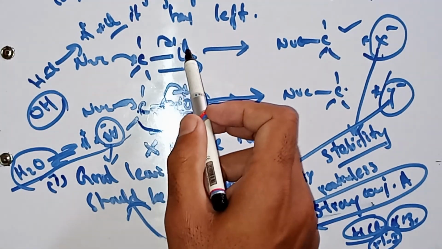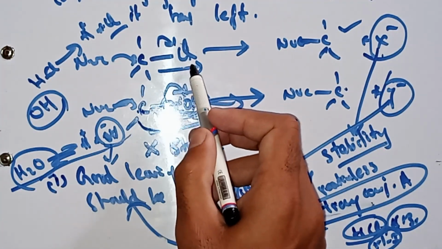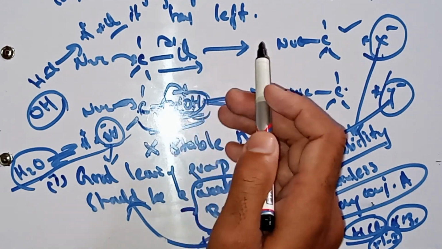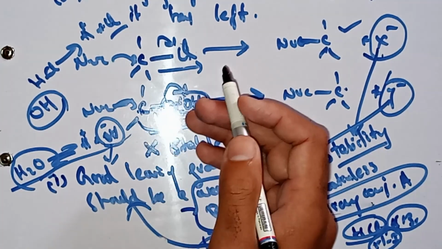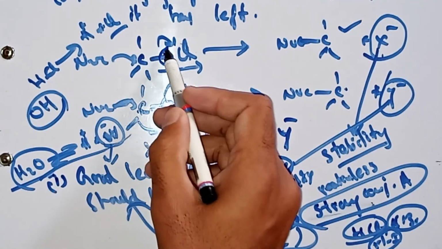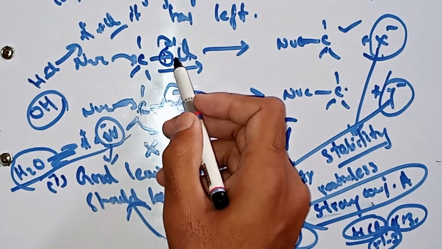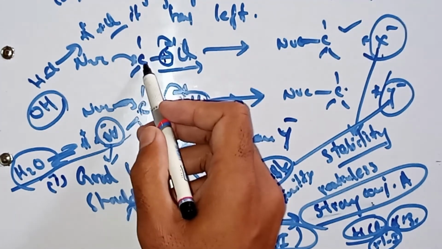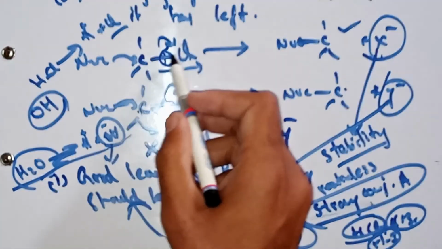But in the case of chlorine, which is a weak base, weak bases are those that cannot donate a lone pair of electrons easily. So this electron pair will not be towards carbon, but towards chlorine.